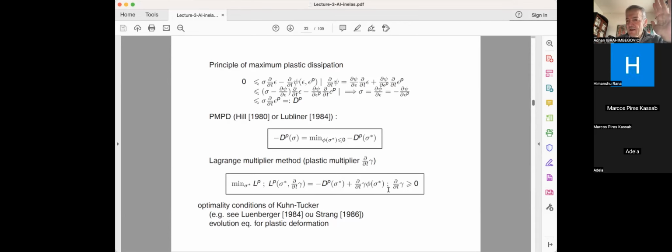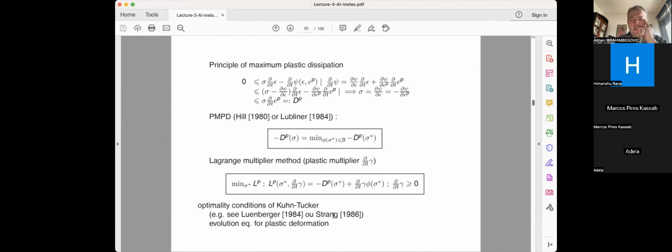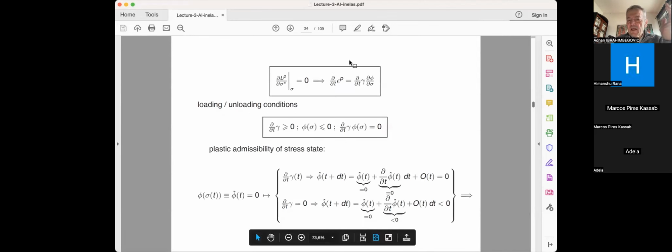For the moment, consider just the case when gamma dot is positive. So if I want to minimize this, this is explained very nicely in the books of Luenberger on optimization problems, and then Strang, something like an introduction to applied mathematics. Basically, you can obtain this by taking partial derivatives.